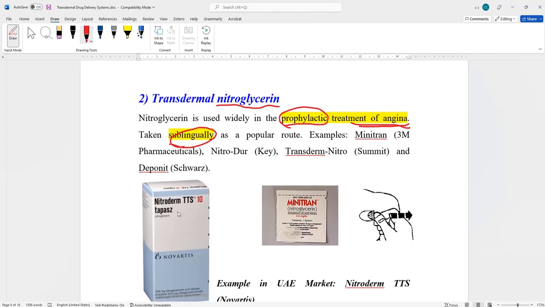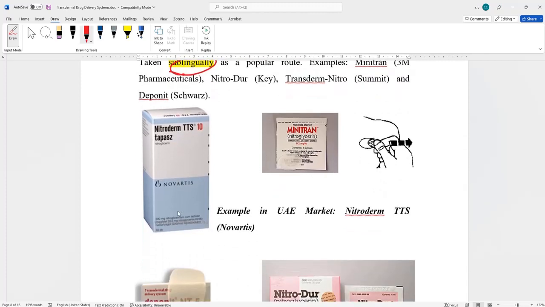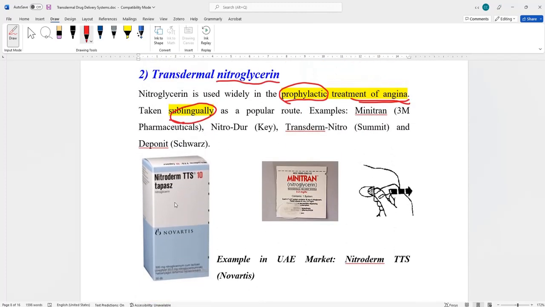Okay, these are examples. Now, how is it worn? You have to be careful and tell the patient that he cannot use it more than 12 to 14 hours each day. So they have to put it on for 12 to 14 hours and be without the nitroglycerin patch for 10 to 12 hours. The reason for this is the development of resistance to nitroglycerin.